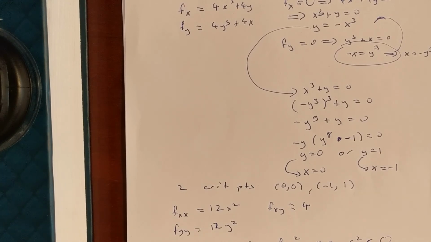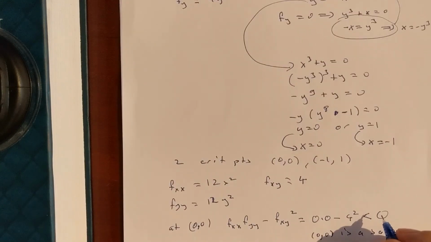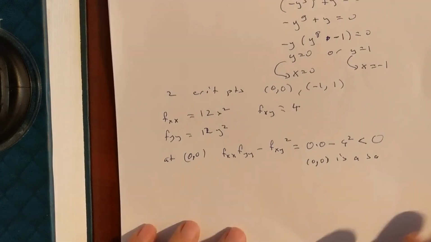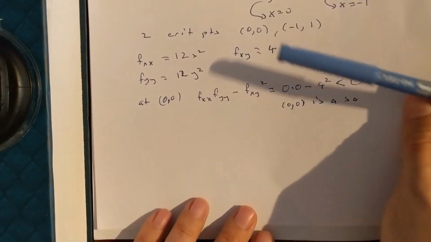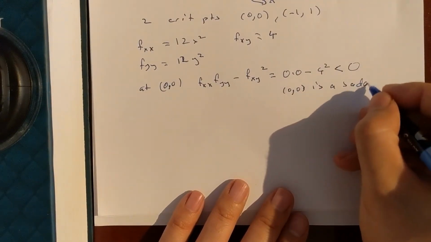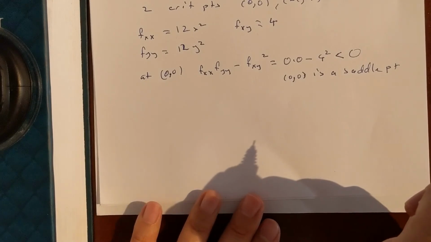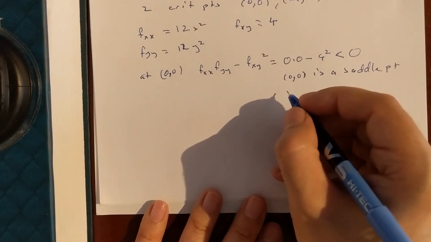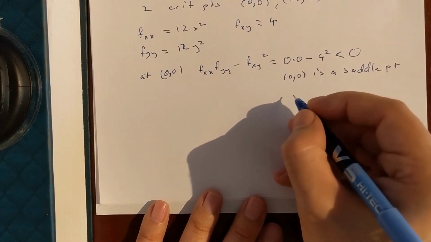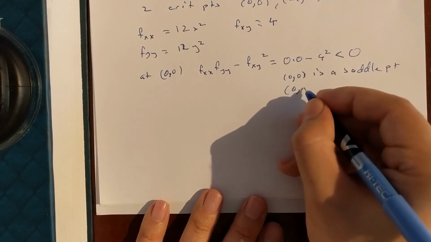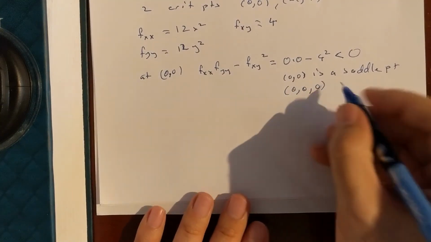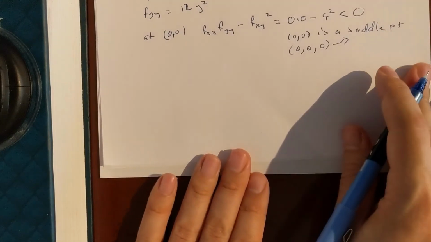So what does this mean? 0, 0 is a saddle point. Sorry, you didn't see any of that. My bad. It's a saddle point. So if we plug it into the equation, the whole point is 0, 0, 0, and the z coordinate is 0. It's a saddle point. Okay, what's next?